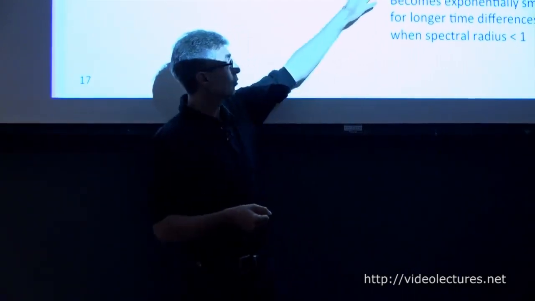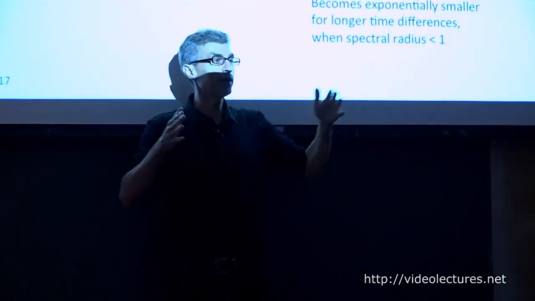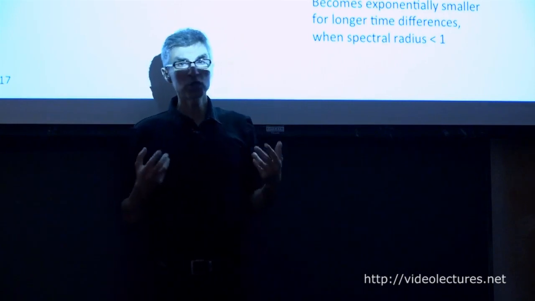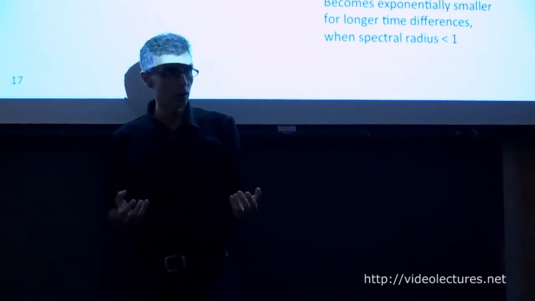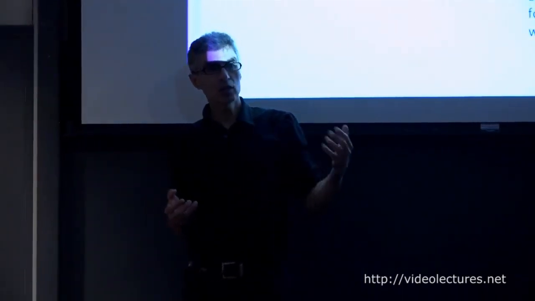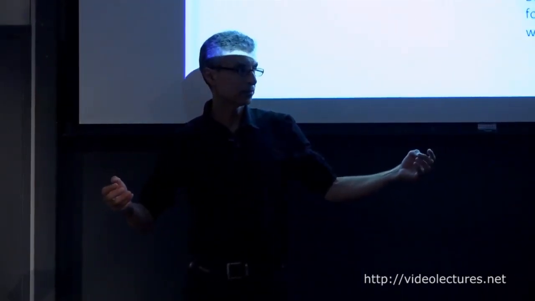And what this says is that the terms corresponding to things far in the past will be exponentially smaller if we are in the regime where the network can store things for a long time, which is the regime where we usually want to be in applications involving long-term dependencies.